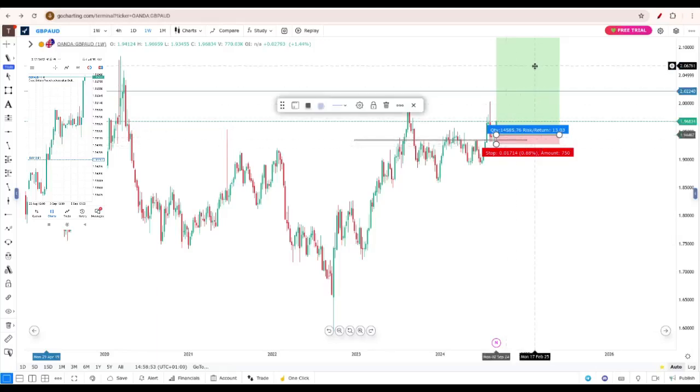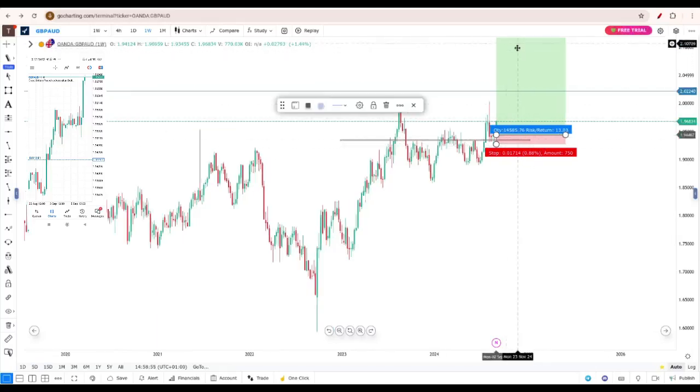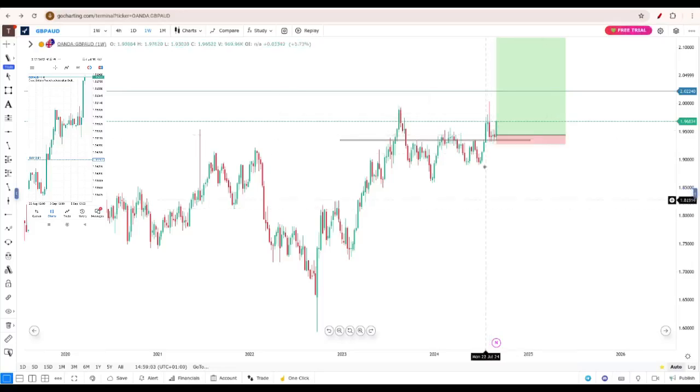If I wait for the complete movement, 2% will give me 26%. Depending on what happens, I might leave earlier, but I'm not expecting anything less than 5, 6, 7% on this trade, which is very, very good.